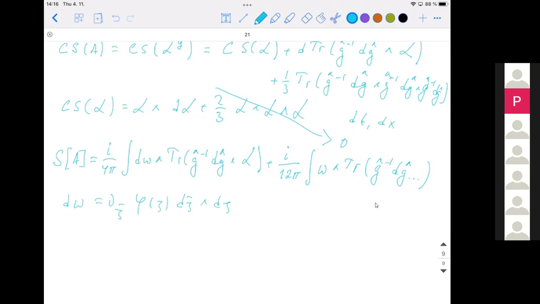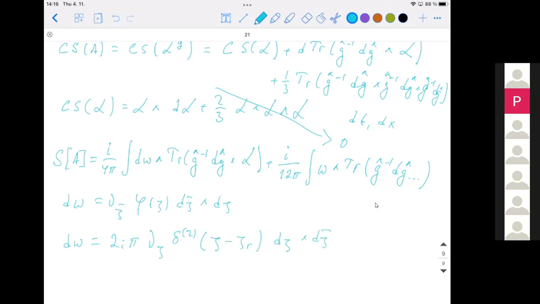So this distribution will be written as a double pole. And then like this.